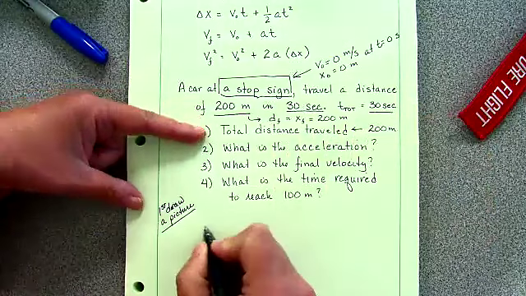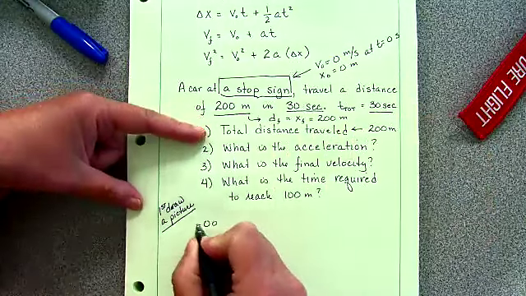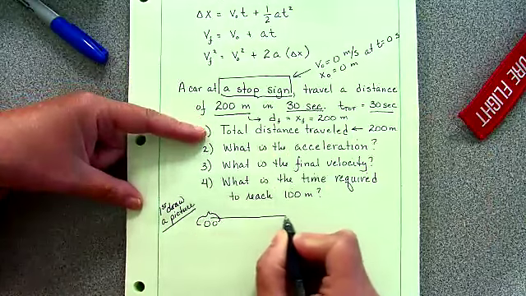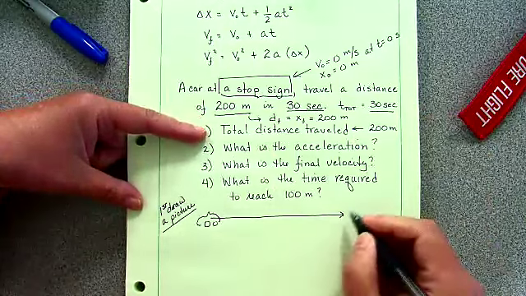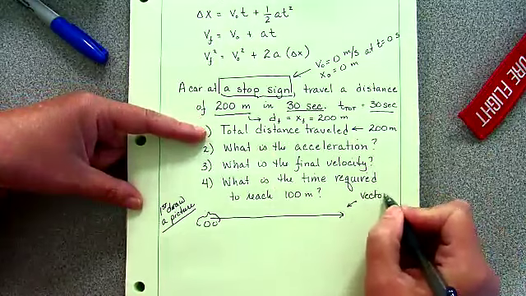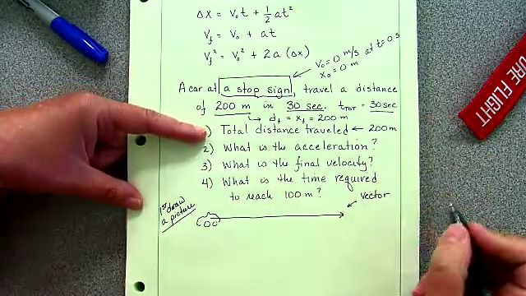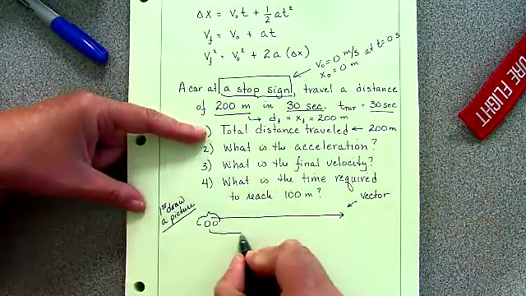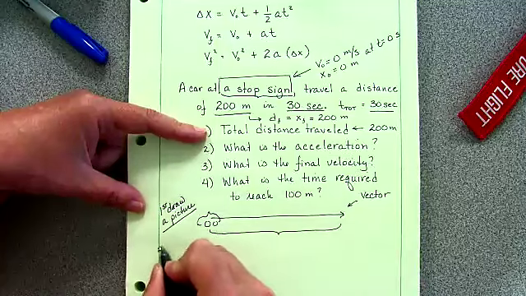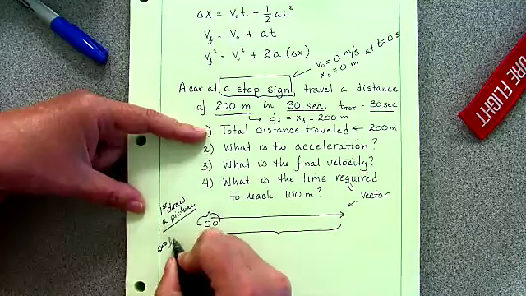So we do want to draw a picture. I'm going to draw my little car, and we've got a direction. This is going to be a vector, because it has direction and magnitude. The second step is labeling the problem.